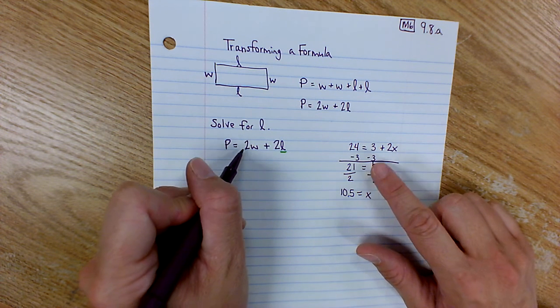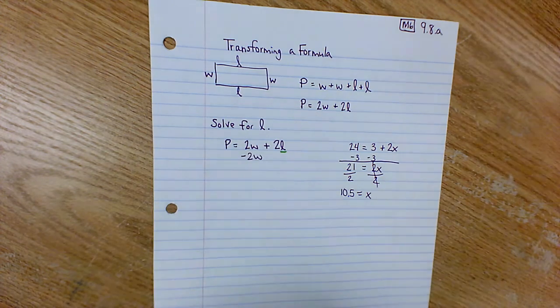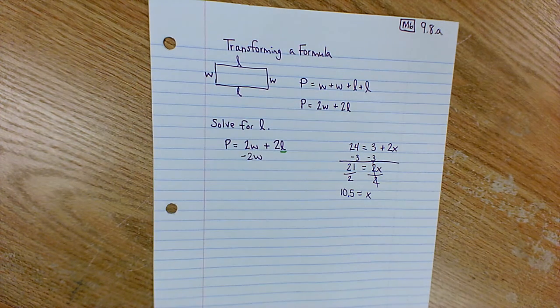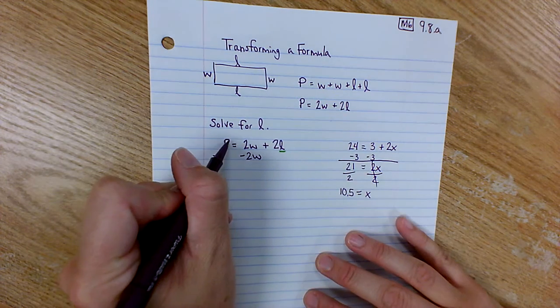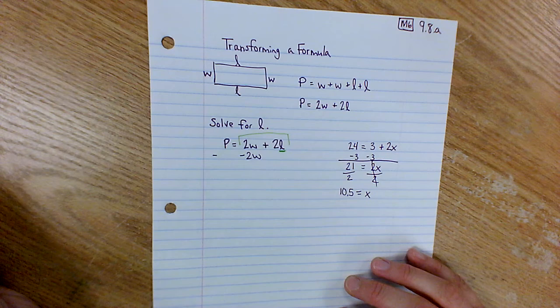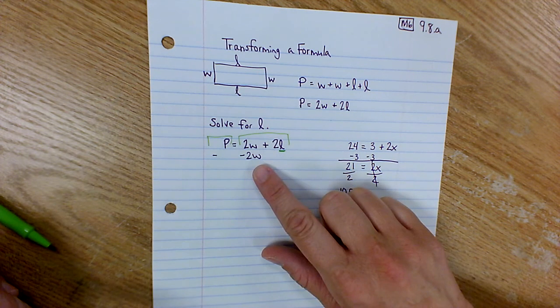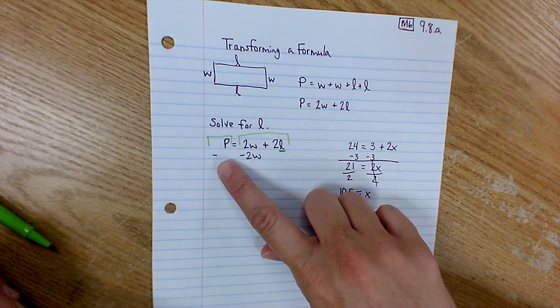I subtracted 3; I'm going to subtract 2w. It works the exact same way. Whatever I do to one half of the equation, I need to do to the other half. So since I subtracted 2w here, I need to also subtract 2w here.